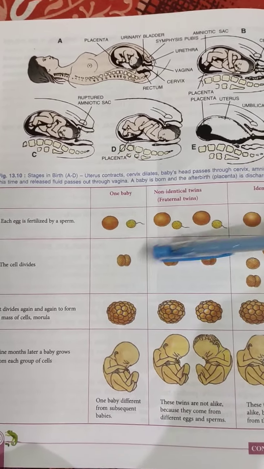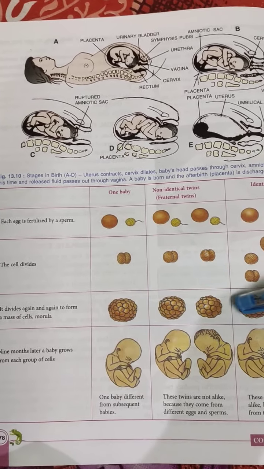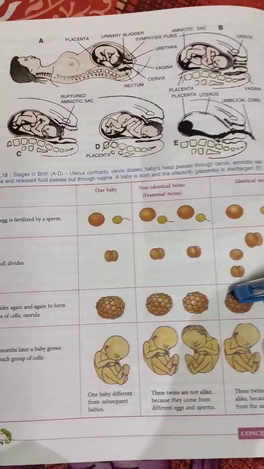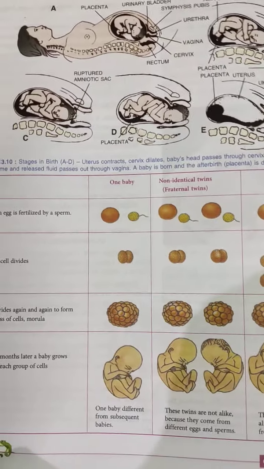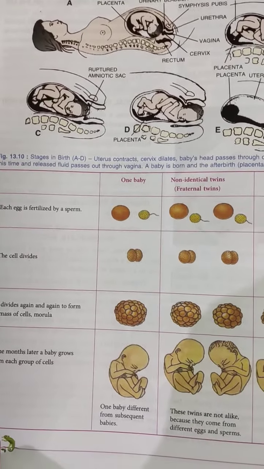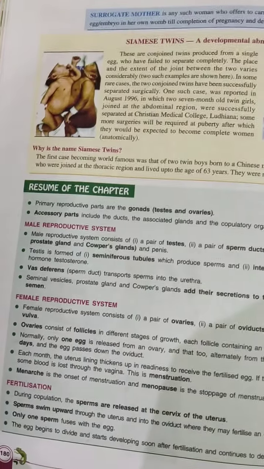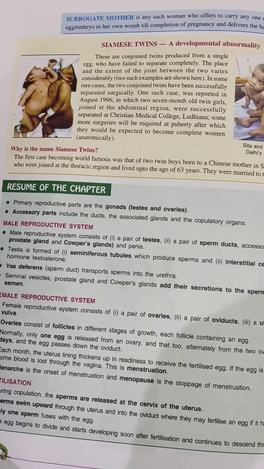What is the cleavage part, again the morula part, how the morula forms from the blastocyst or blastula, and ultimately how the infants are born. So this is all about the chapter. Other than this, we need not know anything from this chapter.